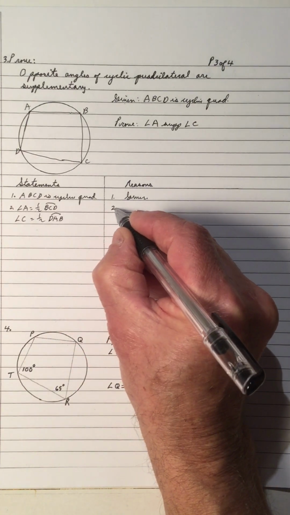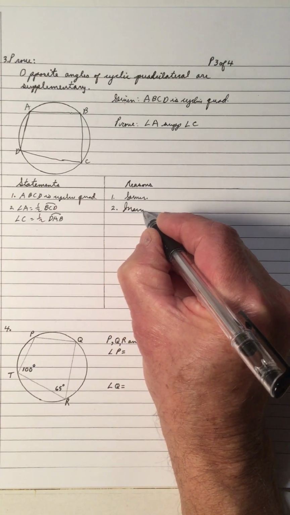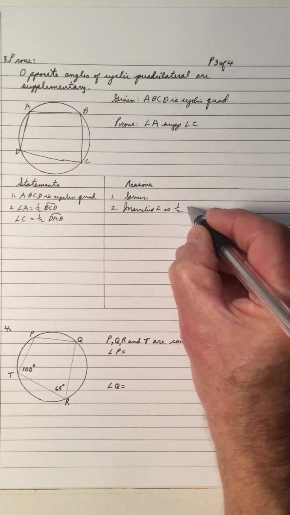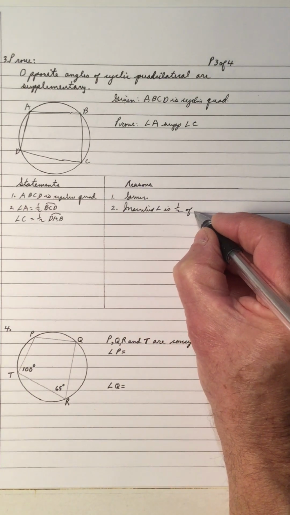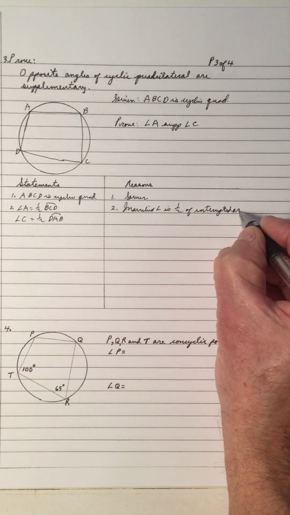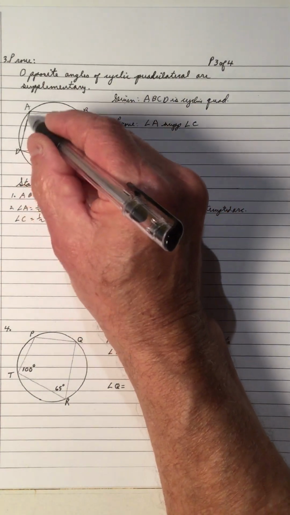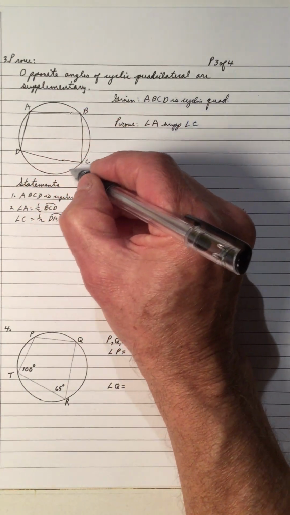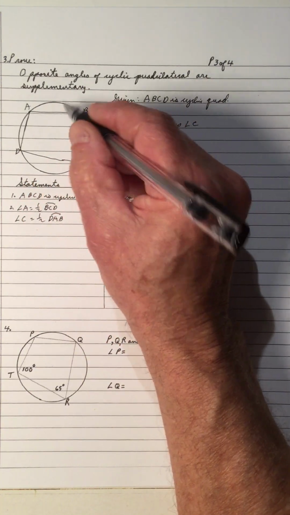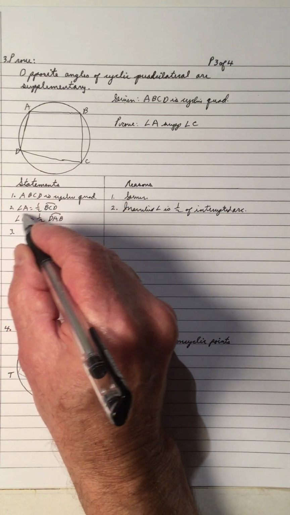And the reason is that the inscribed angle is half of the intercepted arc. Again, this is an inscribed angle with two chords intercepting this arc, DCB, so it's half of it. And let's add these together.